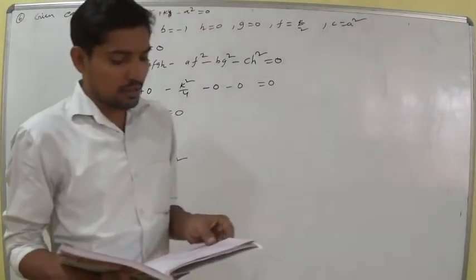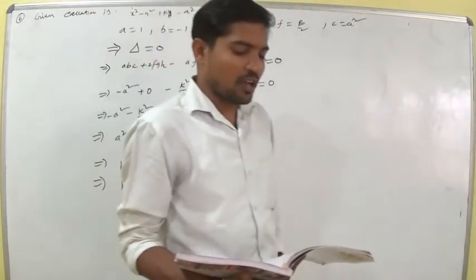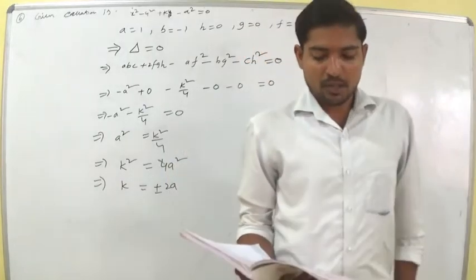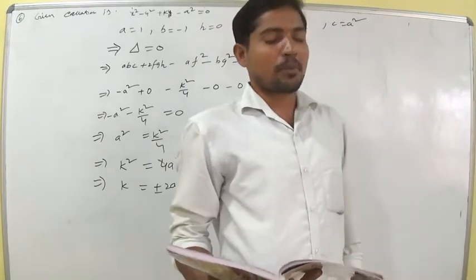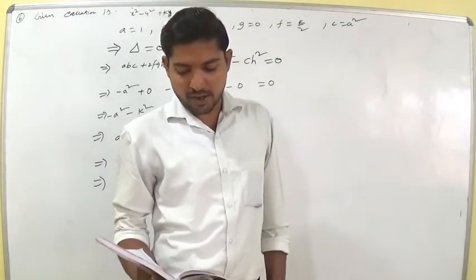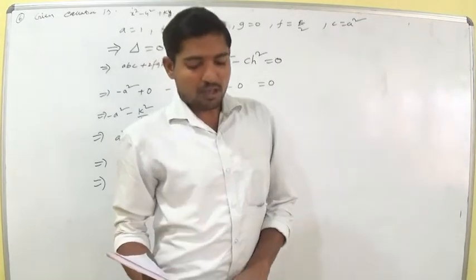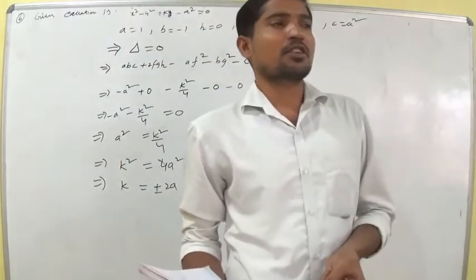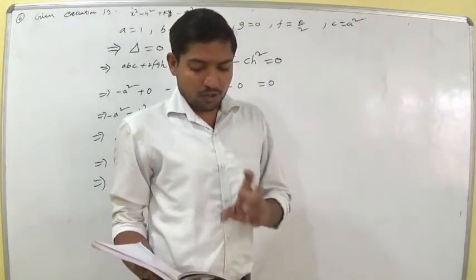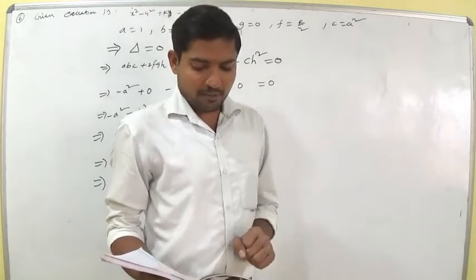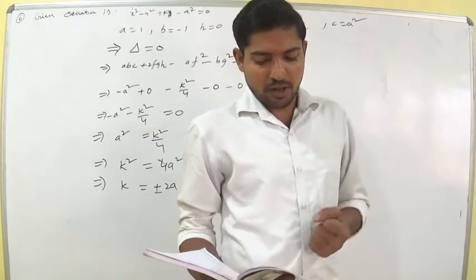See the fourth Roman: S is equal to ax square plus 2hxy plus by square plus 2gx plus 2fy plus c is equal to 0 represents a pair of straight lines, h square greater than ab. Then the intersection point is (hf minus bg) by (ab minus h square), (gh minus af) by (ab minus h square). Use that formula for the 7th one, 8th one and 9th one.